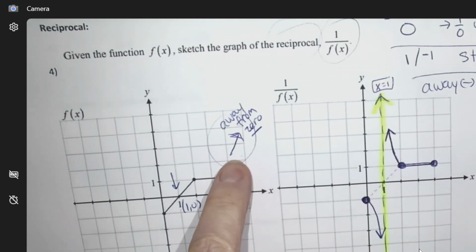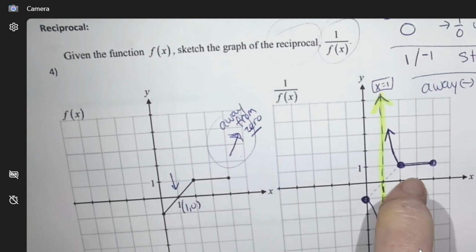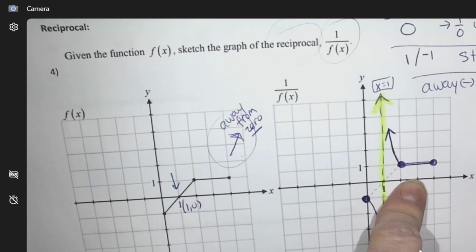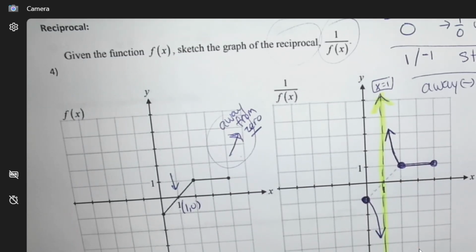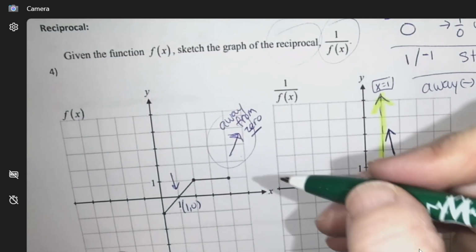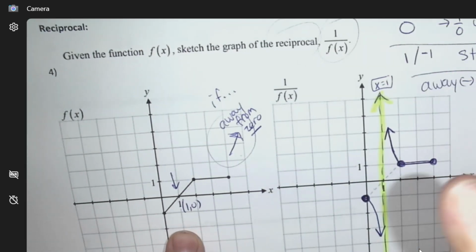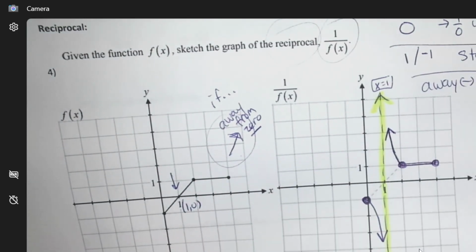So if the original headed away from 0, your reciprocal graph would head towards 0. Never touch it. That's asymptote behavior. Okay, so that would be another scenario that could happen.